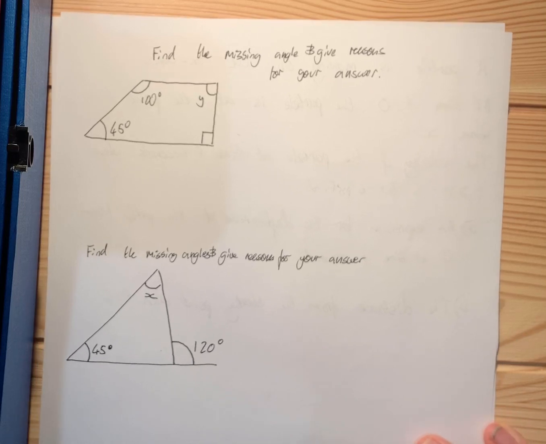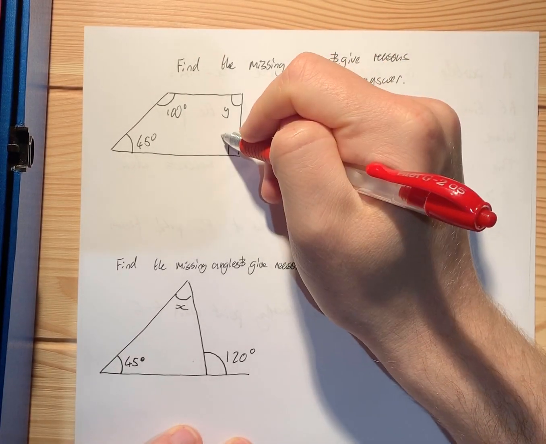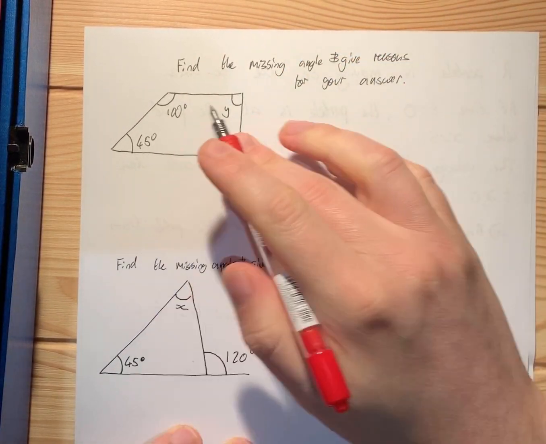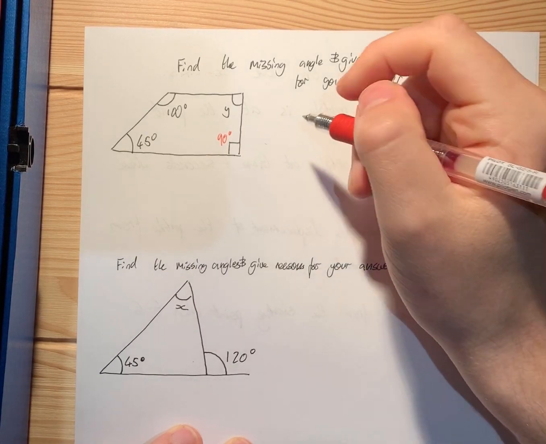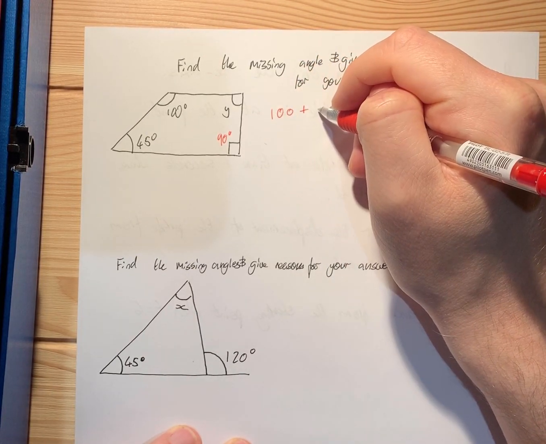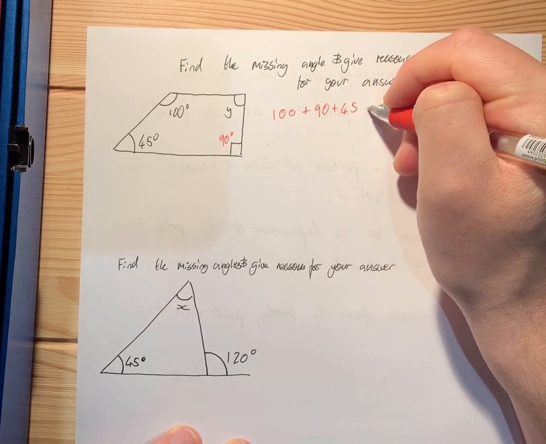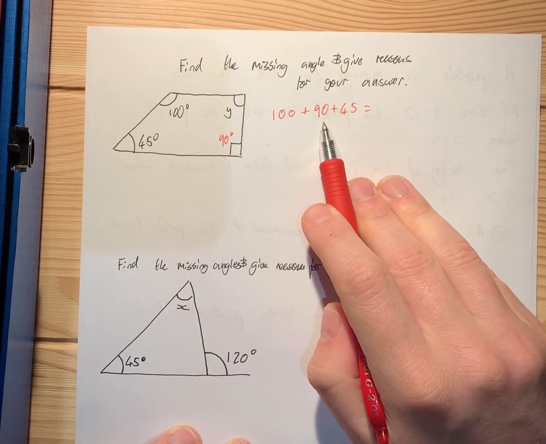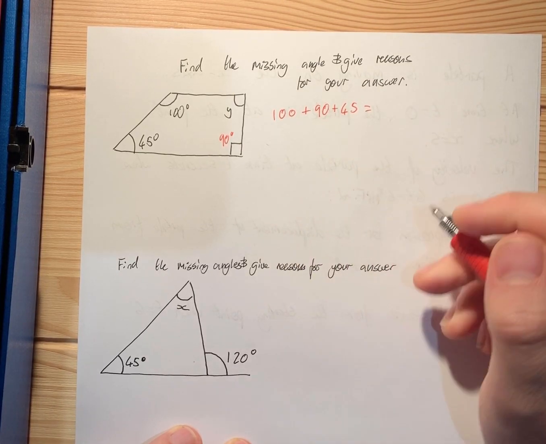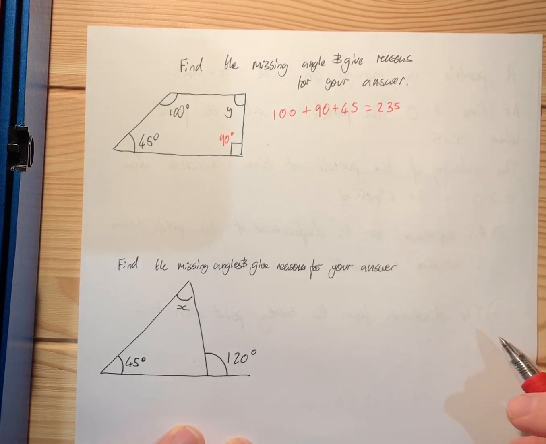Now, people did a good job of doing things like this. A lot of people probably wrote that in there, and added them together. So they did 100 plus 90 plus 45. 100 plus 90 is 190, plus 45 gives me 235.